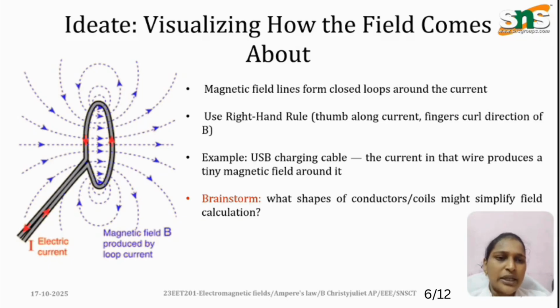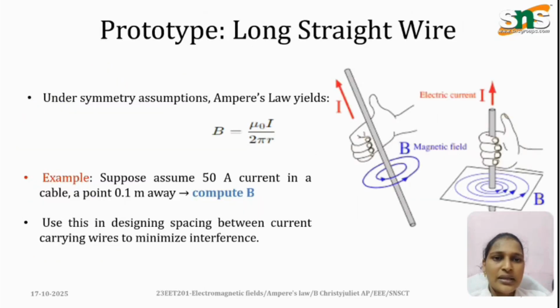For example, in a USB charging cable, the current in that wire produces a tiny magnetic field around it. Now, even though there are different shapes of conductors or coils, how can we calculate this magnetic field irrespective of its shape? Now, let's get into the topic.